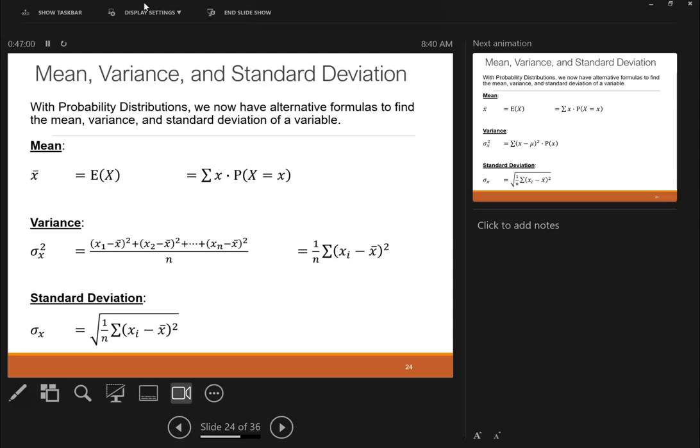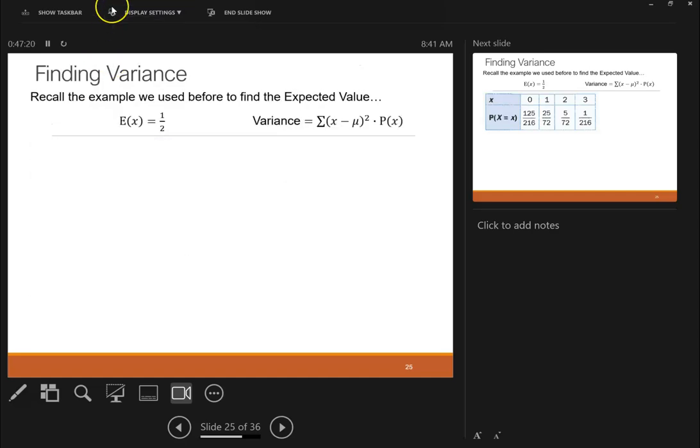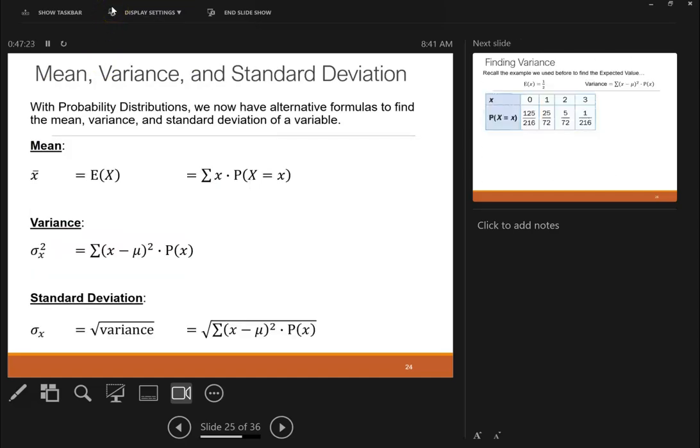So for the variance, x1, x2, xn are our little x's, and x bar is our expectation. We have x minus the expectation.